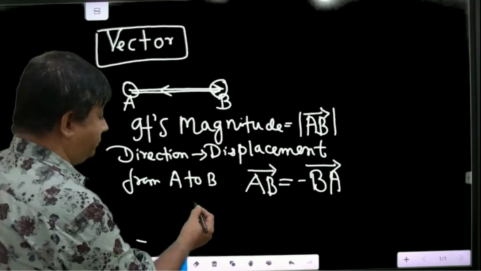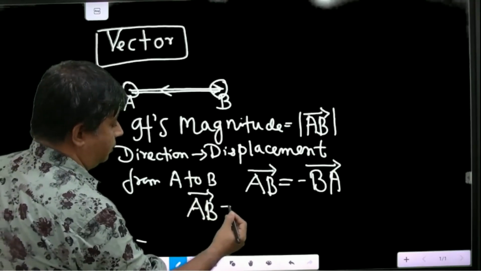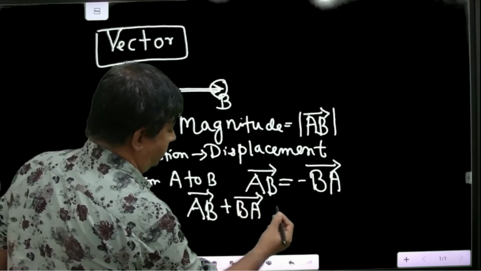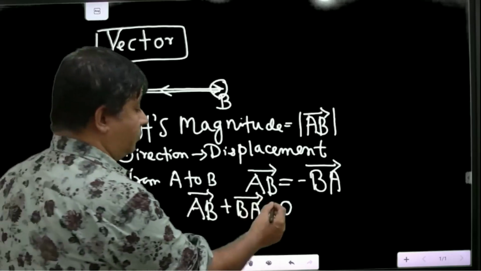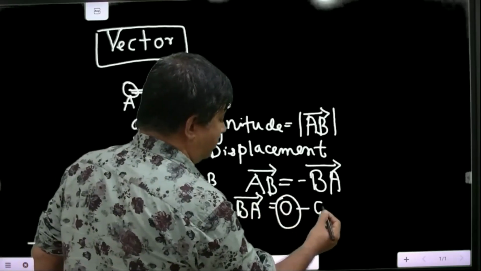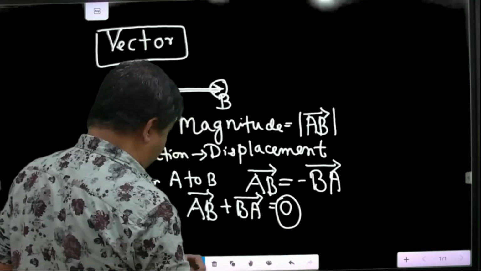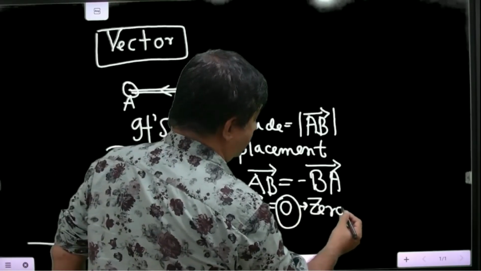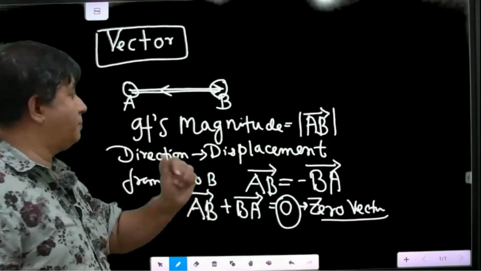And see, in this case, vector displacement is 0. That is called zero vector. Vector displacement is 0.